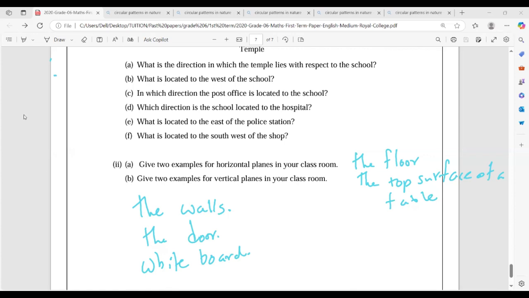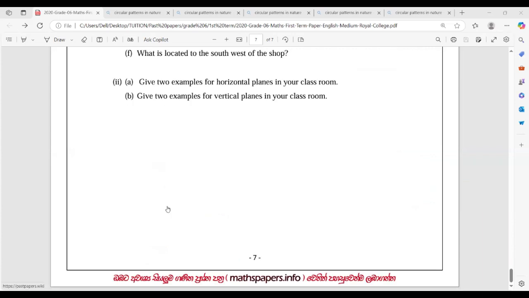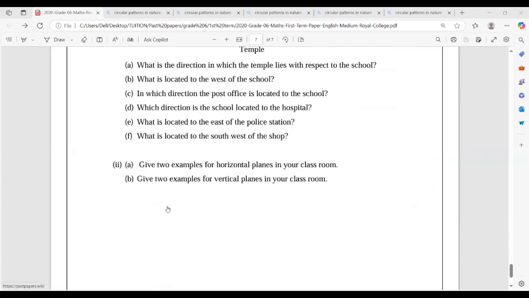So just try to remember the tools we use to determine these vertical planes or horizontal planes. We can use the spirit level or the transparent tube of water to determine whether a surface is horizontal, and also you can use the plumb to determine whether a surface is perfectly vertical, right?